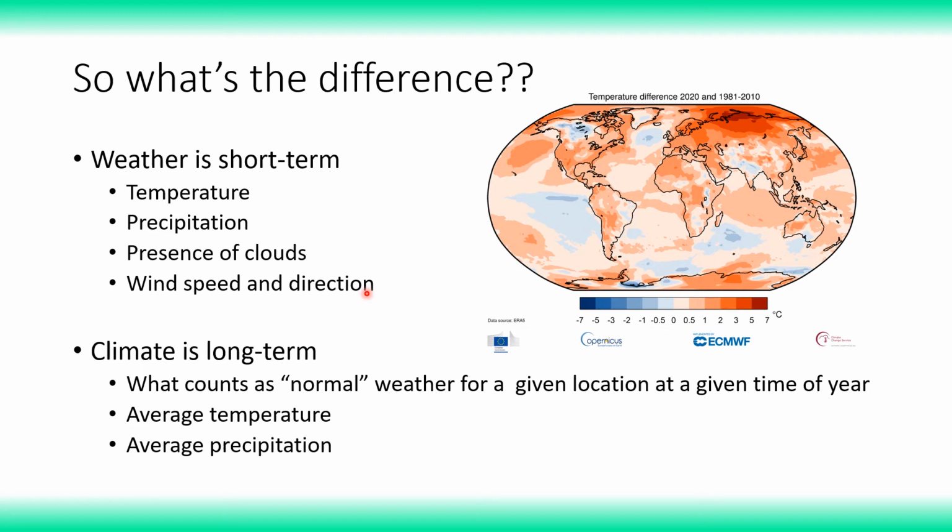And climate takes into account a lot of the same things, but is discussing them on a more long-term basis. So it kind of answers the question of what's the normal weather in this area at this time of year.